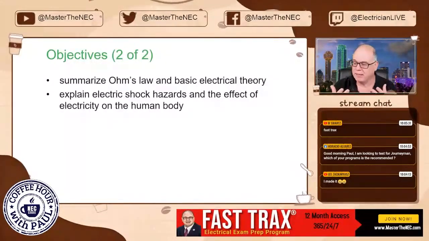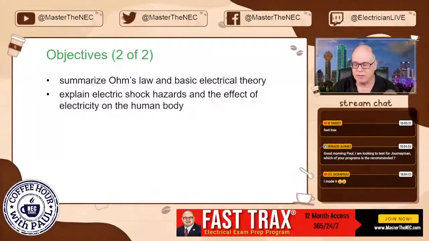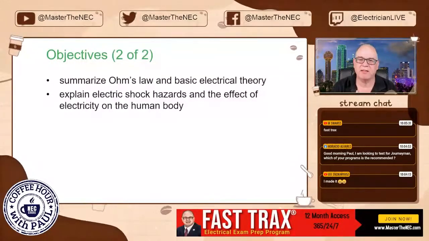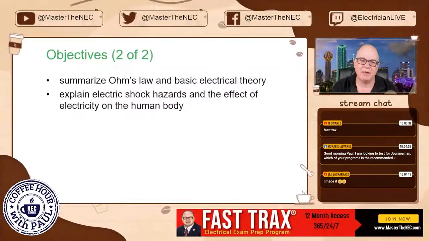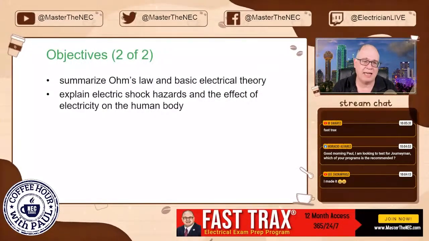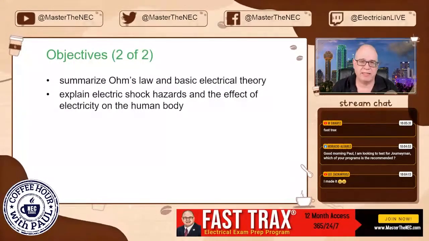Yeah, I said it. Being out of the trade for a while makes you a little soft. But at the end of the day, you'll understand the effects of shock on the body, and that something as little as a 7-watt lamp in a 120 volt circuit can potentially kill you.